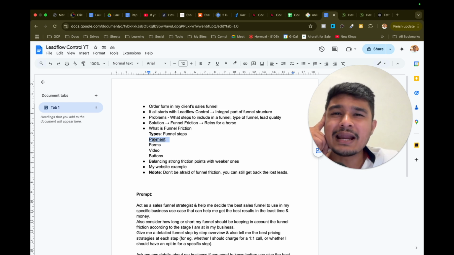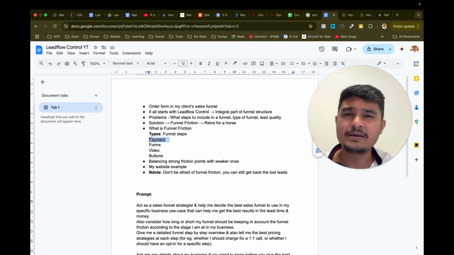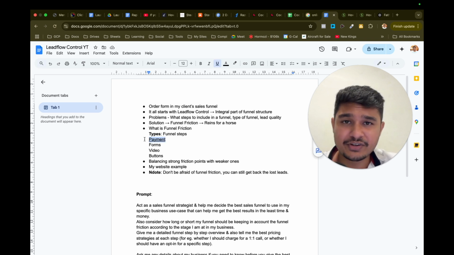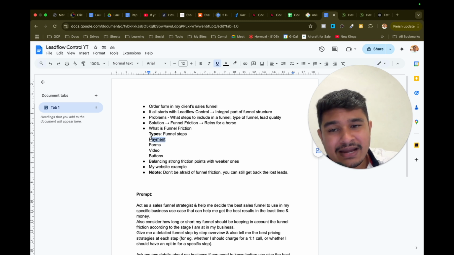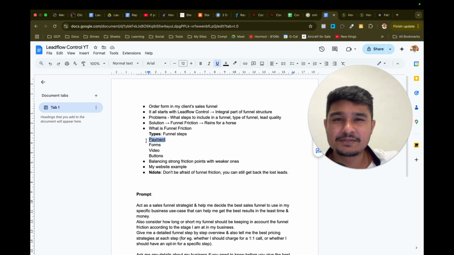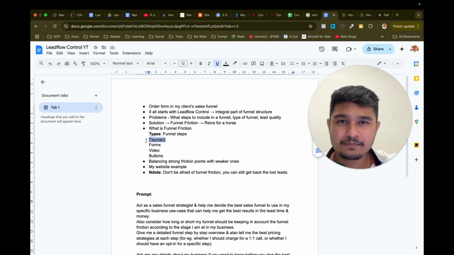We don't need more friction points when we have already used the strongest one. Because if we have payment and then additional steps as well, then before or after people pay, traffic will start dropping off, and there would be fewer and fewer people till the end of the funnel. I hope I was able to make that clear, right?